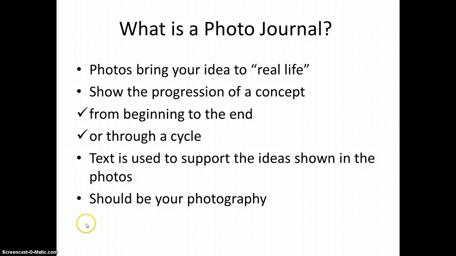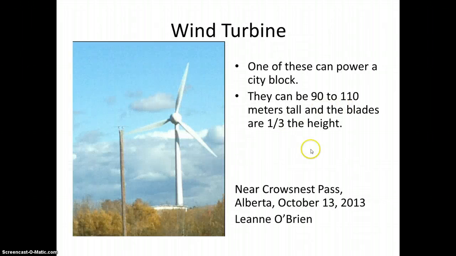And preferably it would be your photography, but this is something that you could discuss with us if it's going to be a problem. And here's an example of a wind turbine, and I've included it here because I found this fascinating when I drove by it on a trip to Calgary.